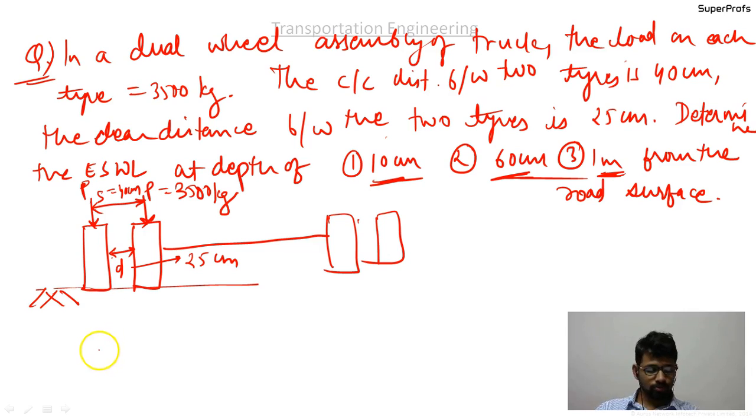I'll give you a time of say 45 to 60 seconds. Please try it out. You can just turn back the pages and look at the stress distribution and find out.